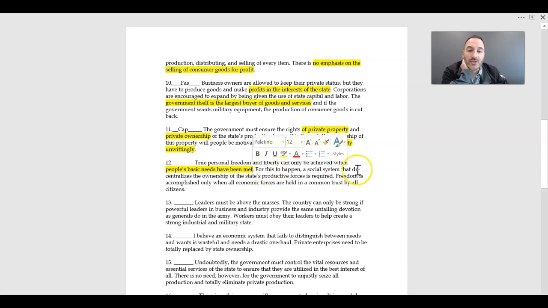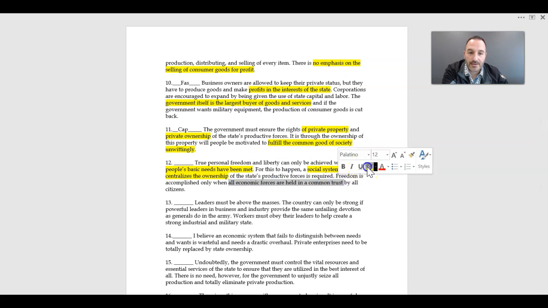For this to happen, a social system that decentralizes the ownership of the state's productive forces is required. Freedom is accomplished only when all economic forces are held in a common trust by all citizens. So all economic forces are held in a common trust. Let's highlight that. Holy cow.